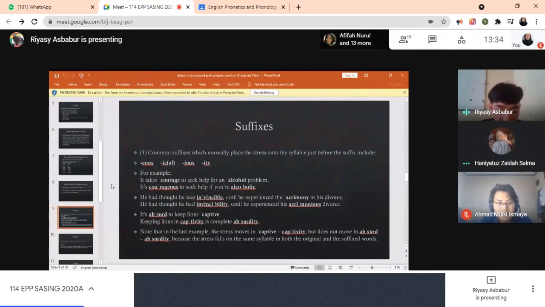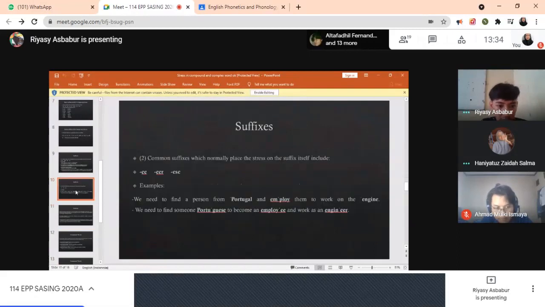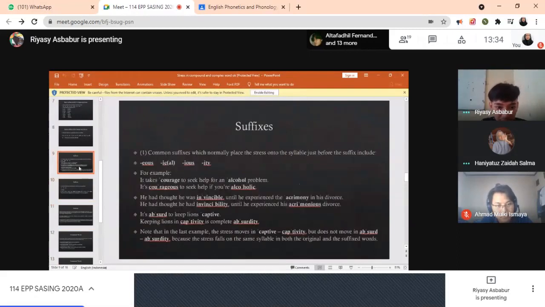It's courageous to seek help if you are alcoholic. So you can see the stress is changed because of the placement of the suffix.